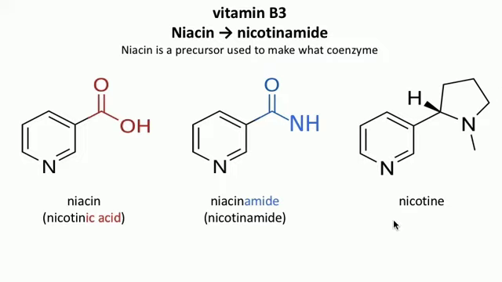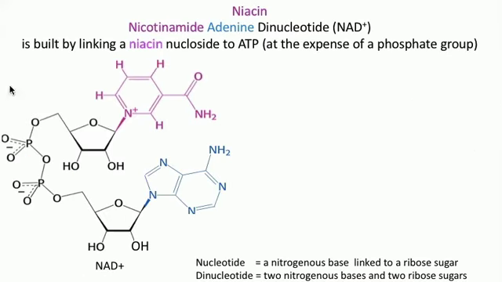Of course, the fundamental difference between niacin and nicotine is that niacin is an essential vitamin at the center of energy metabolism, whereas nicotine is an herbicide which they use to kill a bunch of plants and humans. Of course, niacin is used as a precursor that is used to build up the coenzyme nicotine amide adenine dinucleotide.